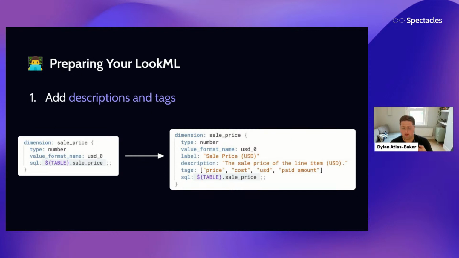So if you start with what's on the left here, a bare dimension that has really the bare minimum of what it needs to be functional in Looker, it will still pick the right thing a lot of the time, some of the time, but you're going to be far from guaranteed that it's pulling the right thing. And if we look on the right-hand side, when you add a label, you add a description like the sale price of the line item, you add the currency, and then you add tags, we have found that significantly improves the quality of response you get.